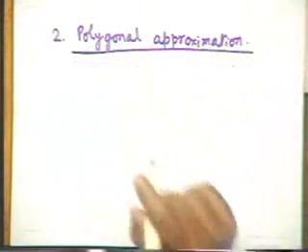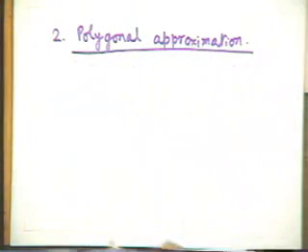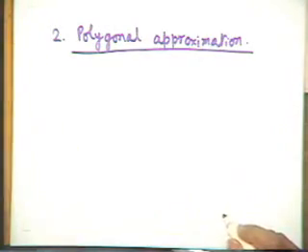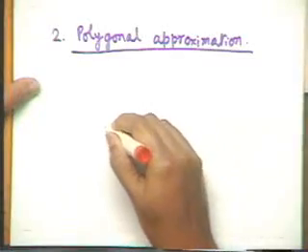The idea is very simple. If you have a region whose boundary is, let's say, typically a curved boundary, and supposing the boundary is of this nature.